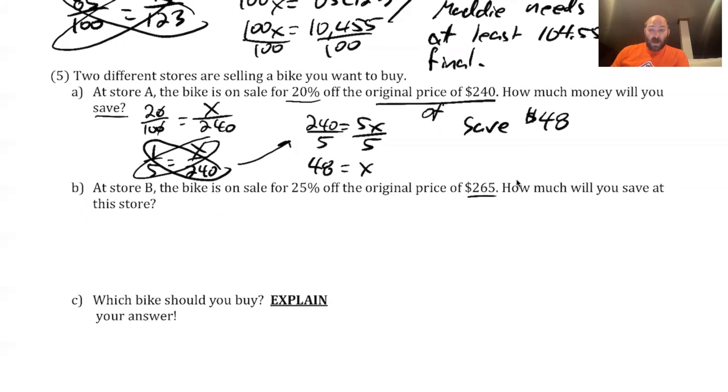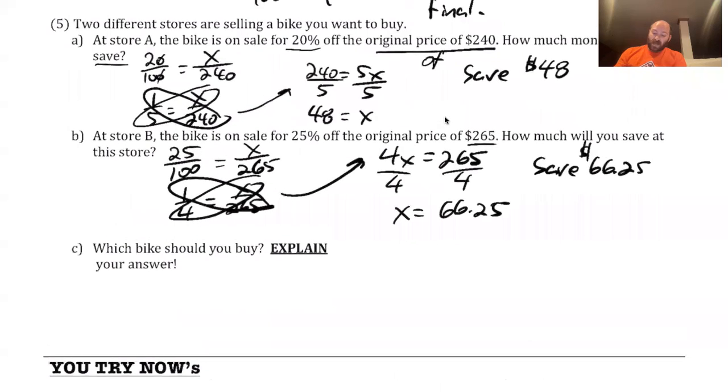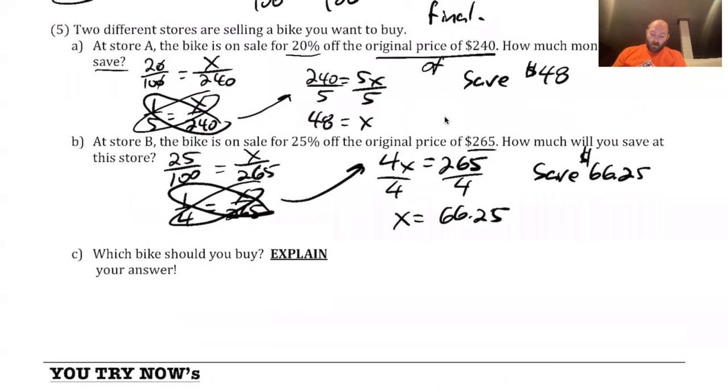So this is a good question to kind of help explain some of our context here. Which bike should you buy? Oh, man. Okay. This is very frustrating now. Okay, so I did all this work, so let me just highlight that again instead of rewriting it. So we did 25% off the original price of $265. Sets up very similar to the previous problem. So I'm going to put 25 over 100. That's my percent. X, my sale price, over 265, the whole normal price.